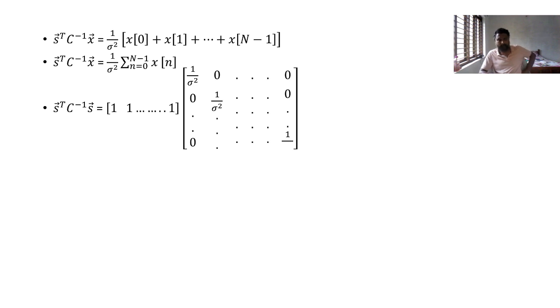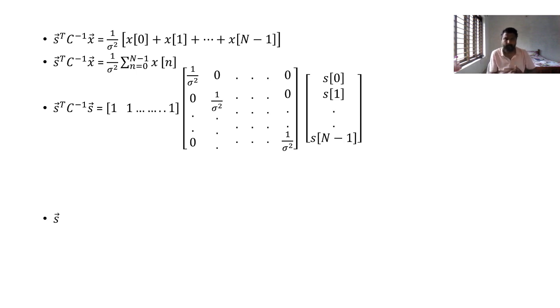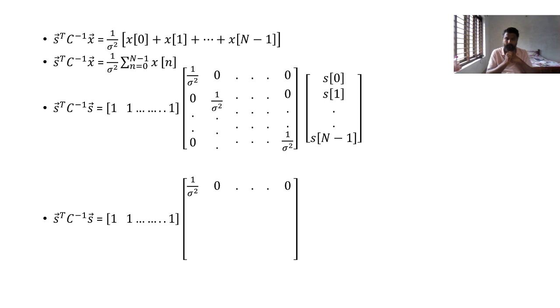S is nothing but 1 1 1, a column matrix. So S transpose C inverse S is nothing but 1 1 1 1, 1 by sigma square, again S of 0, S of 1, S of n minus 1, which is again 1 1 1 1.